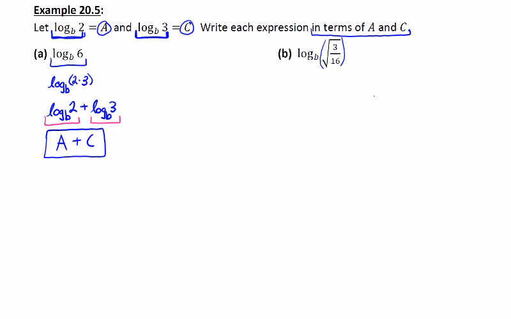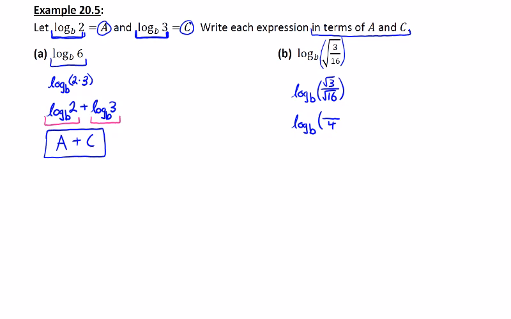So when I see this, I always try to simplify the argument first before I do any kind of expanding. So the first thing that I would do is I would think about this square root as applying to the numerator and also applying to the denominator. There's a property of radicals that allows us to be able to do that. Now that's really convenient, especially for the denominator, because the denominator is going to have a nice square root. That's going to be just 4.